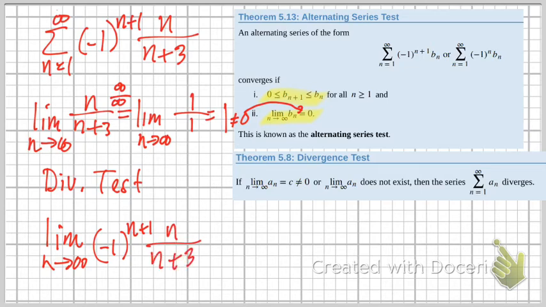So now with this divergence test, essentially, as long as our limit is not equal to 0, then we can say the series diverges. And that's what we're going to focus on with this one. Only because the homework is full of these.